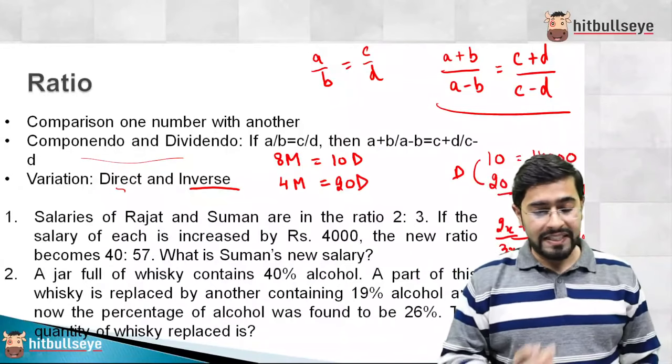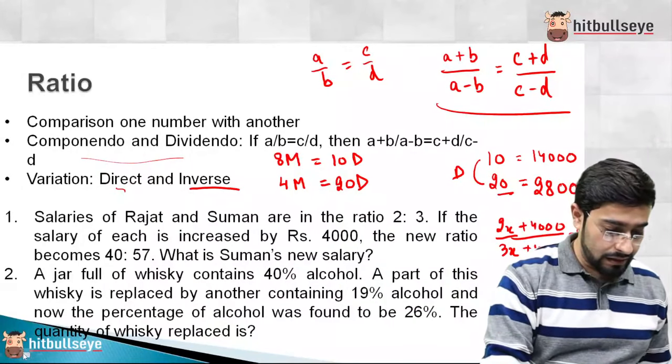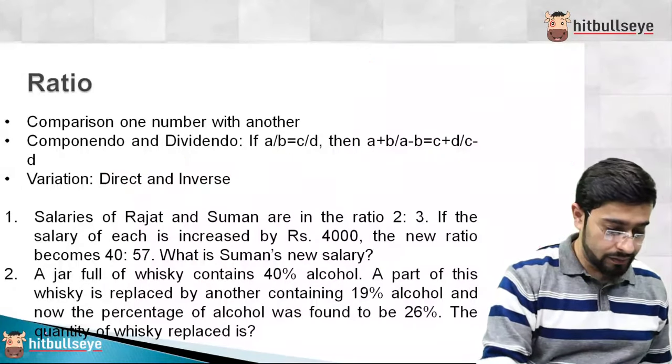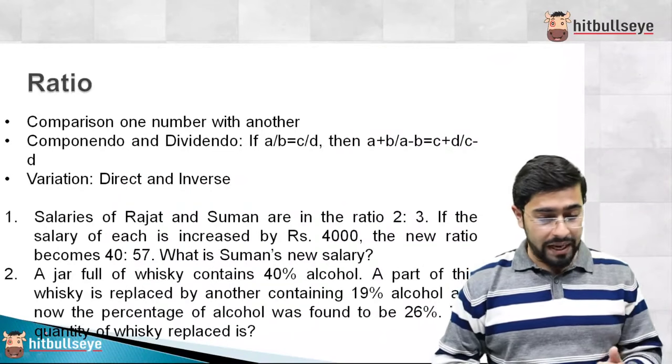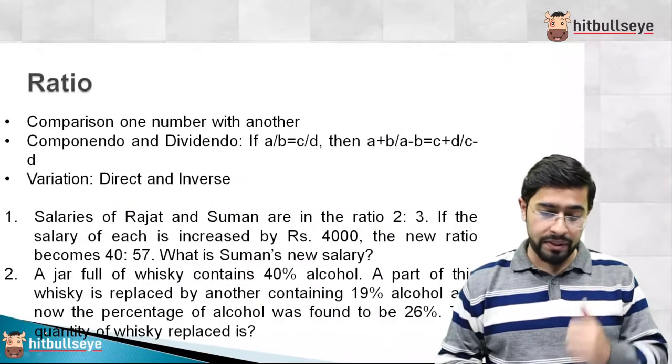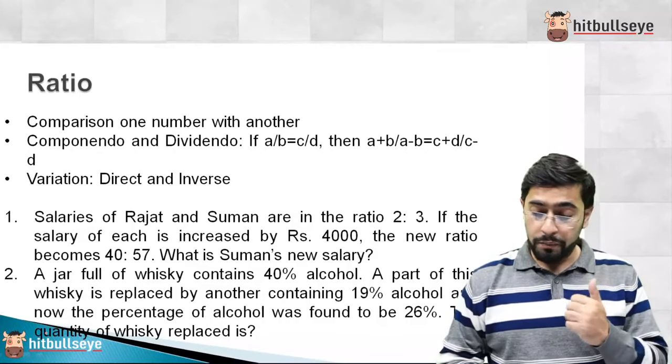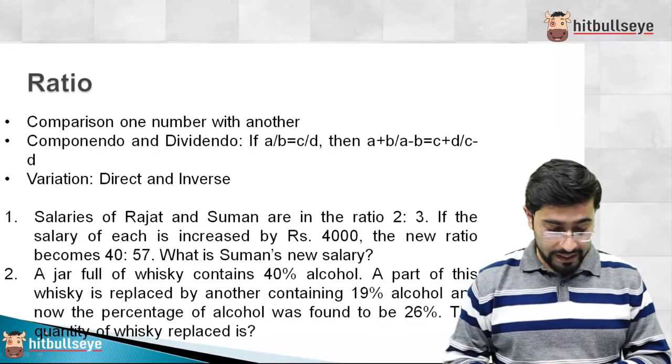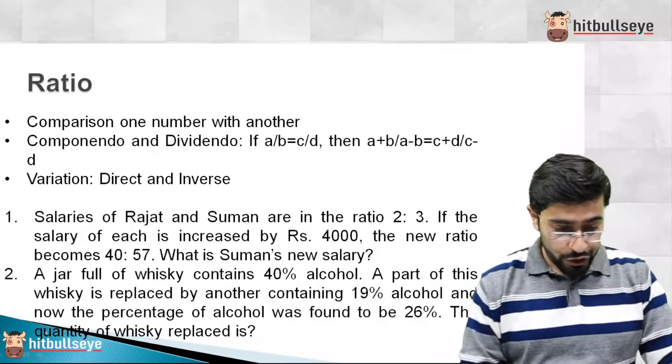A jar full of whiskey contains 40% alcohol. A part of the whiskey is replaced by another containing 19% alcohol, and now the percentage of alcohol is found to be 26%. What is the quantity of whiskey replaced? So we have 19 and 26.